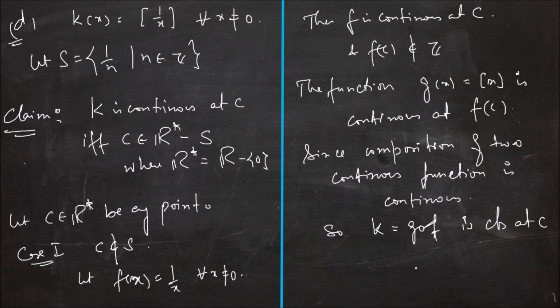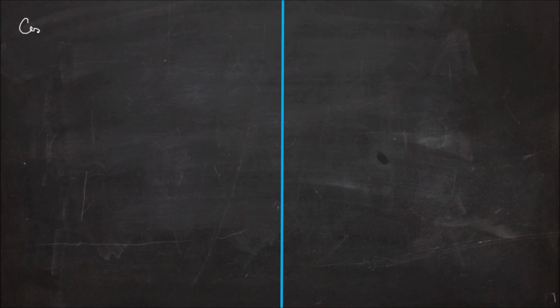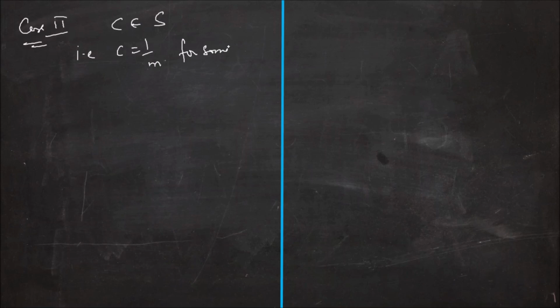Now let us take case 2. Case 2: when C belongs to S, that is C is equal to 1 by M for some M belonging to Z. So this is our C, which is equal to 1 by M. Then this is 1 by M minus 1, and this will be 1 by M plus 1.